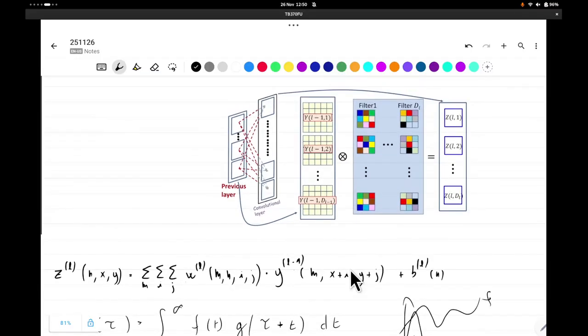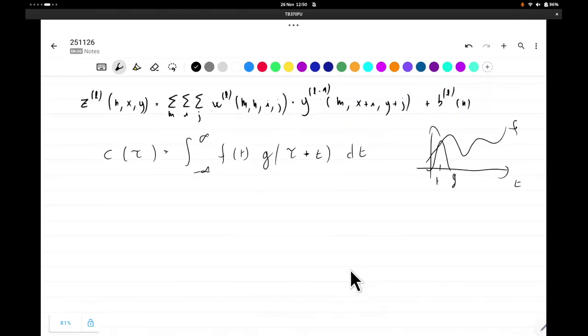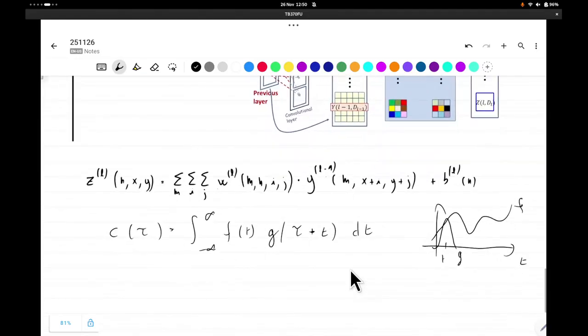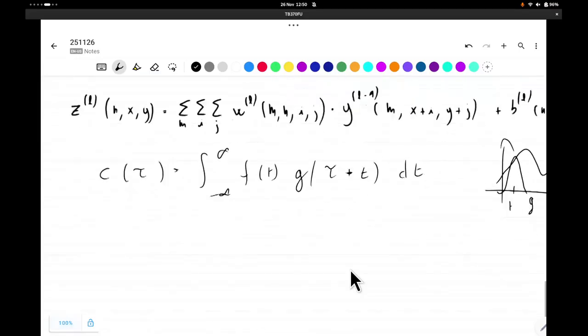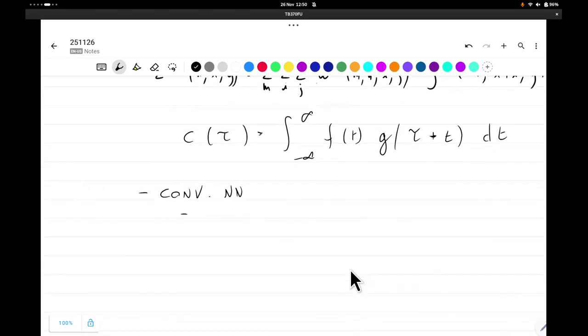So this is the justification why this is called a convolutional neural network. This particular part of the network is called a convolutional layer. And then in order to make a convolutional neural network, we need convolutional layers and a couple of other things.